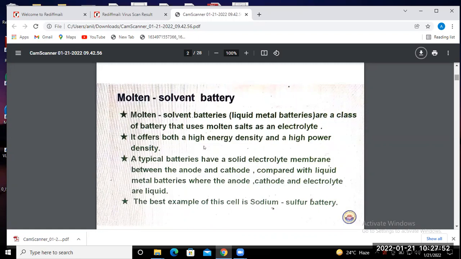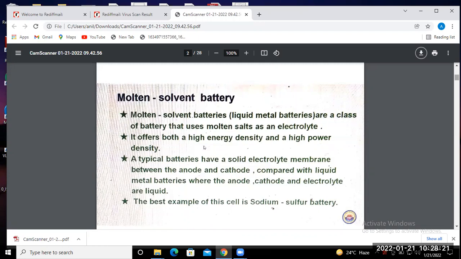A typical battery has a solid electrolyte membrane between the anode and cathode, compared with the liquid metal battery where the anode, cathode and electrolyte are liquid. So the best example of this cell is the sodium sulfur battery. Okay. So one example of the molten solvent battery is the sodium sulfur battery.